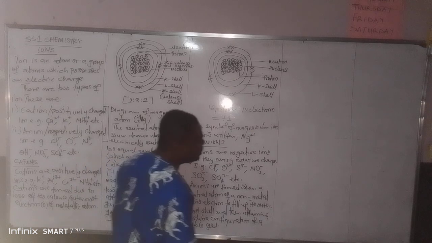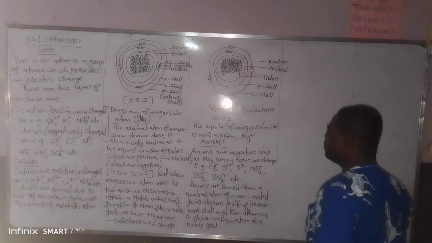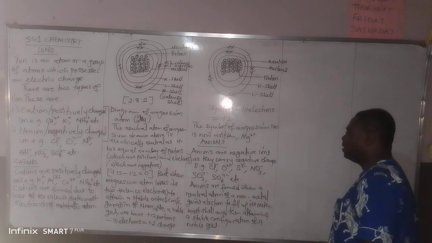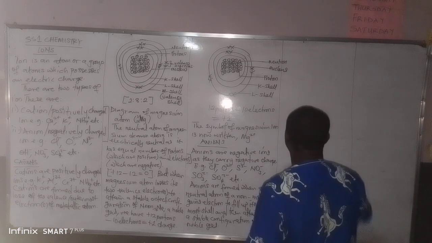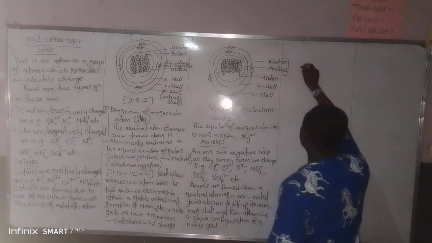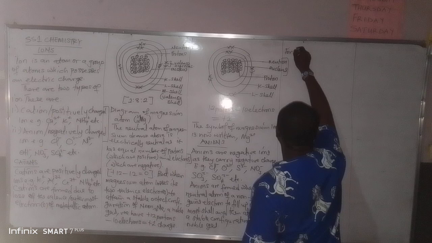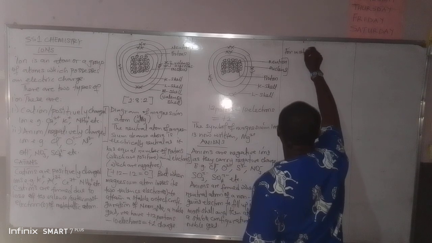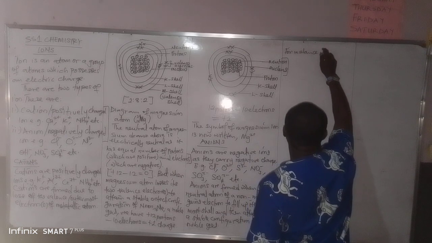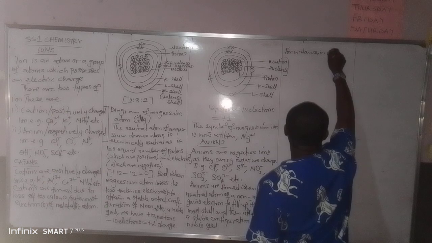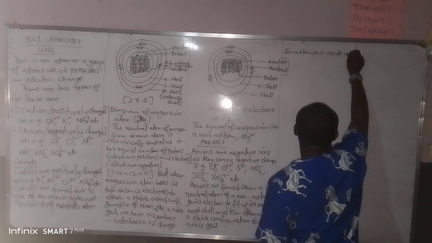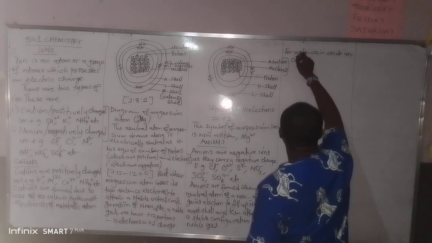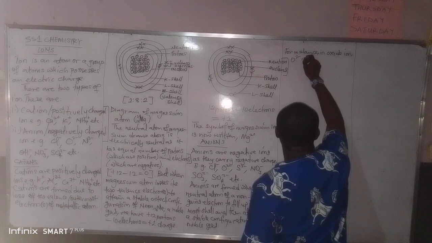So let's look at what I'm talking about here. For example, let me talk about the oxide ion. Oxide ion is what? O2 minus ion.